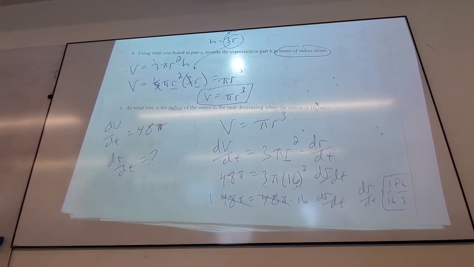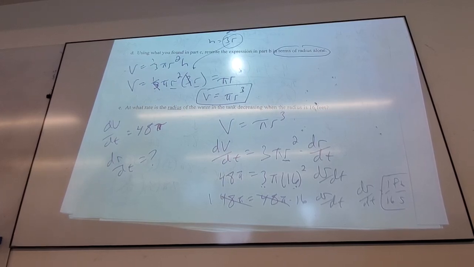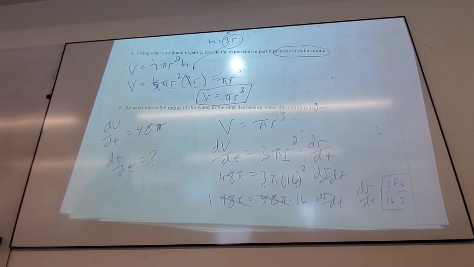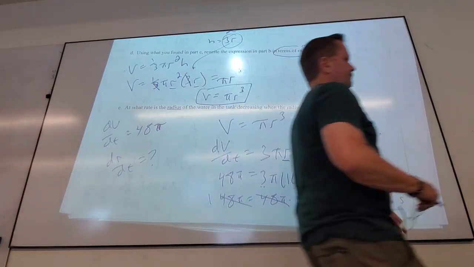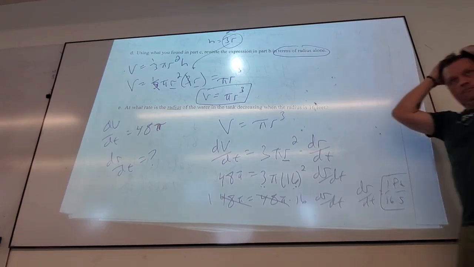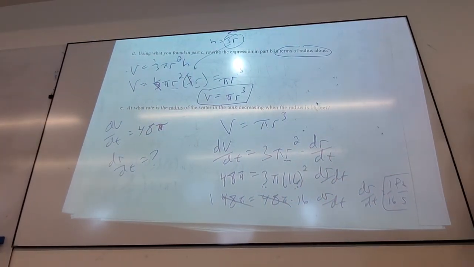This is how quickly the radius is changing. The lower the radius, the lower the height of the water changes.